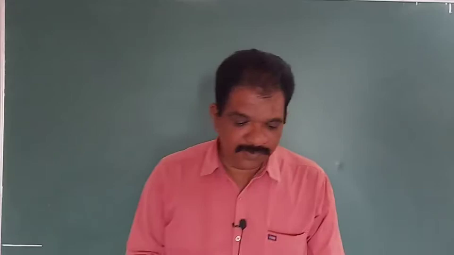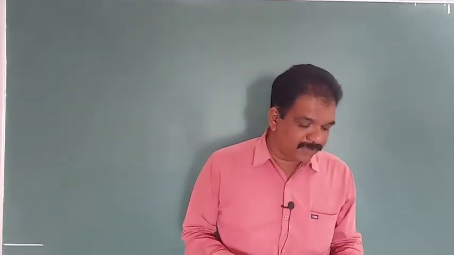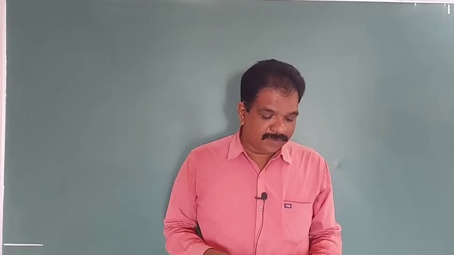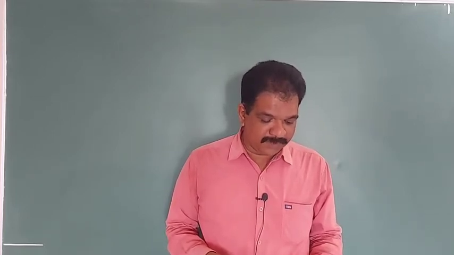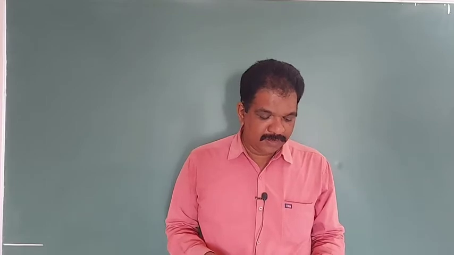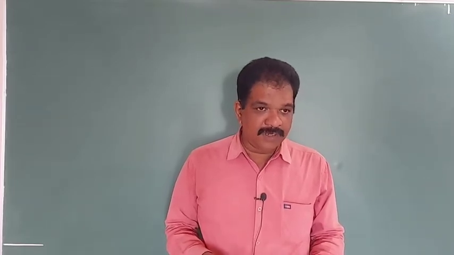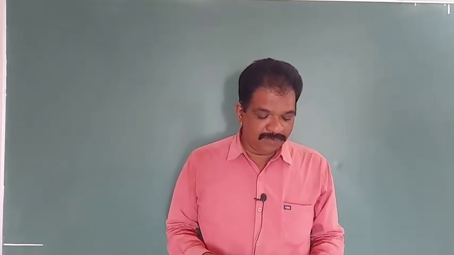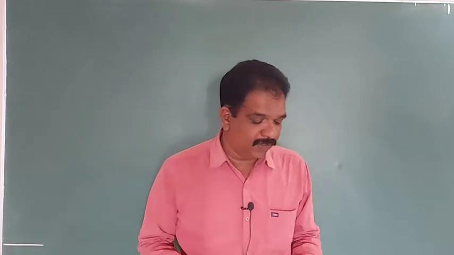In the last class, we finished up to problem number 6. See problem number 7, what they are asking. The dimensions of 1 by 2 epsilon naught E square, where epsilon naught is the permittivity of free space and E is the electric field.